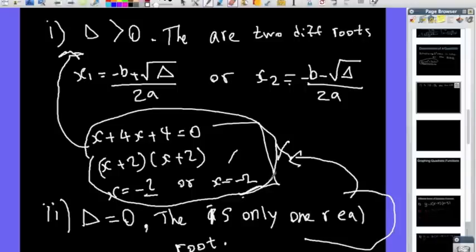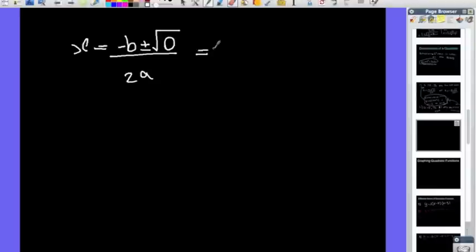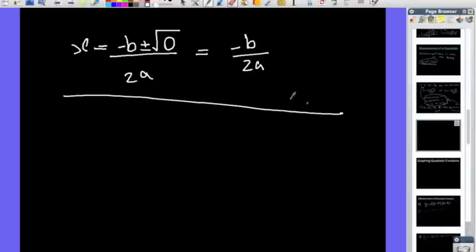We got two answers, but they're the same, so that means it's the same thing. In this case, it's something like x equals negative b plus or minus root 0. So if you have this, then you would get the second rule.